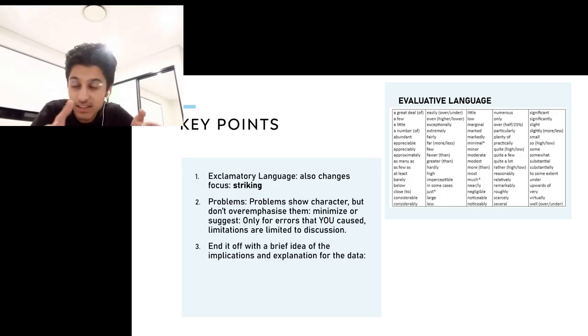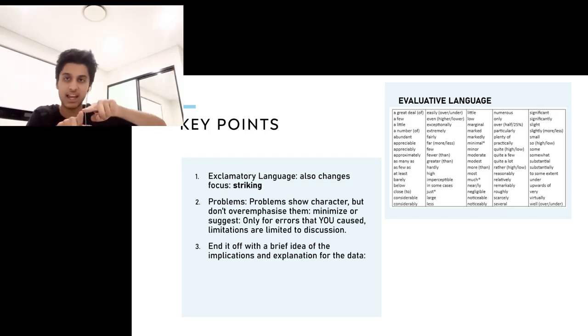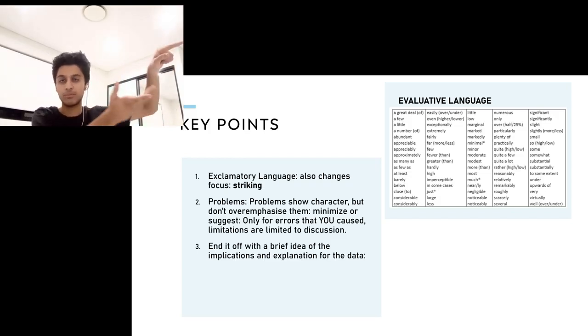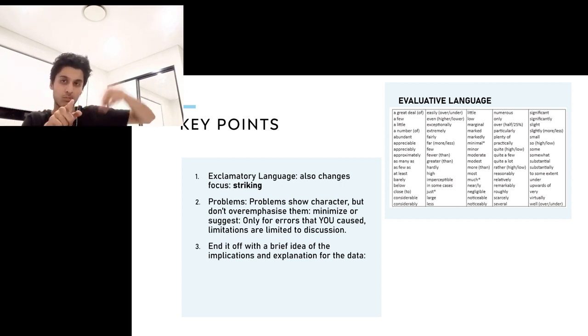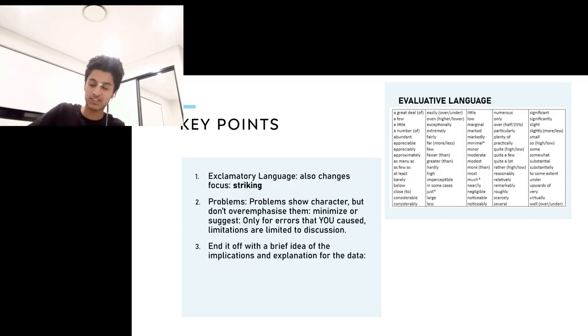You're going to think, okay, yes, there was a change. But then if I say there was a striking change between 8 a.m. and 9 a.m., this is what you're going to think. That's how much it changed. And so, exclamatory language should be used to emphasize what you're trying to say, emphasize the graphs. And another thing with exclamatory language, if you say striking change, the reader will look at the graph and they will find that striking change.